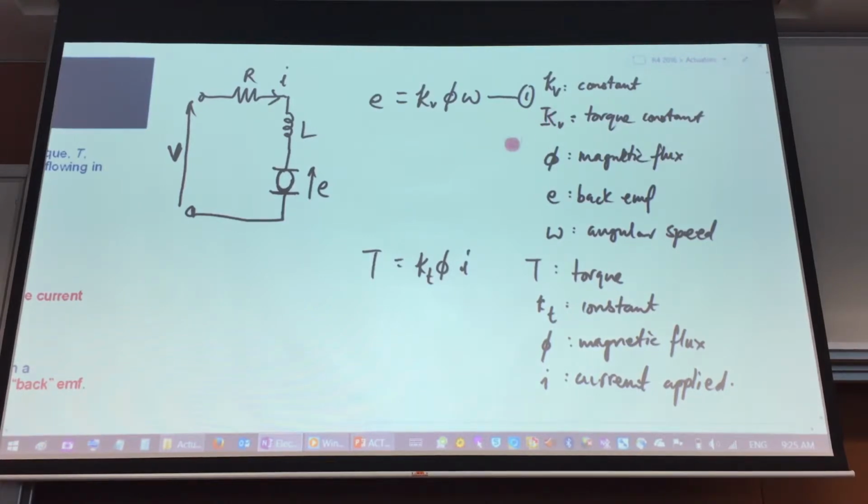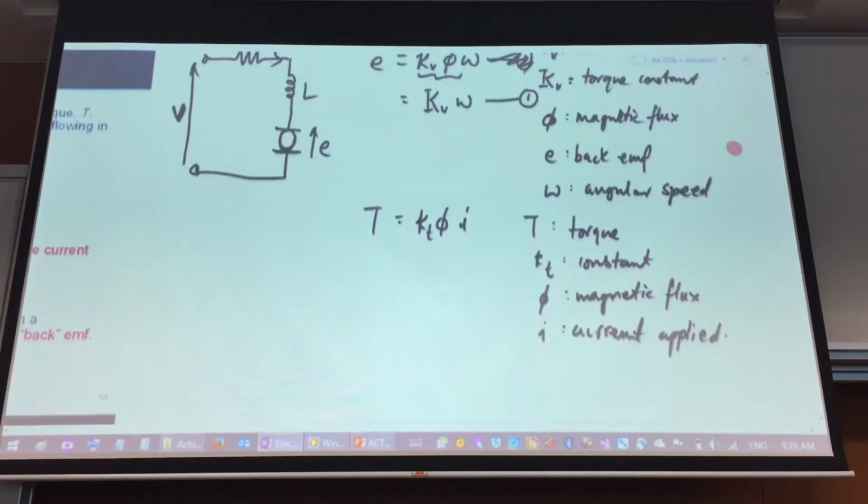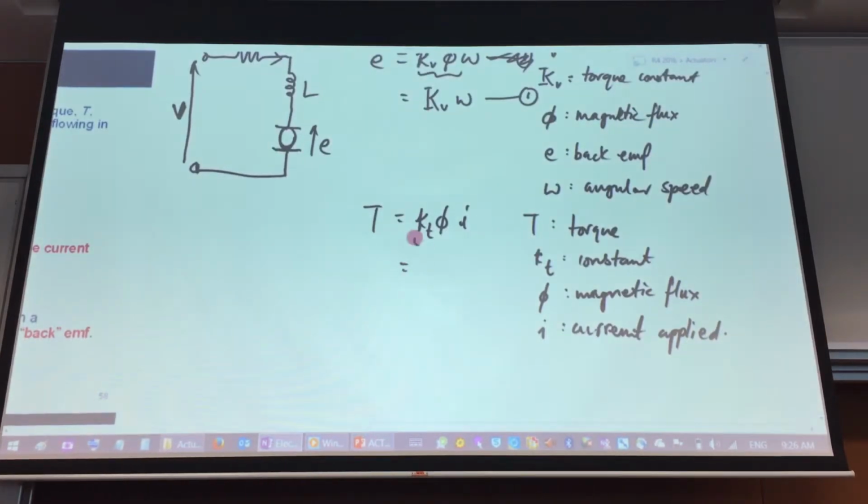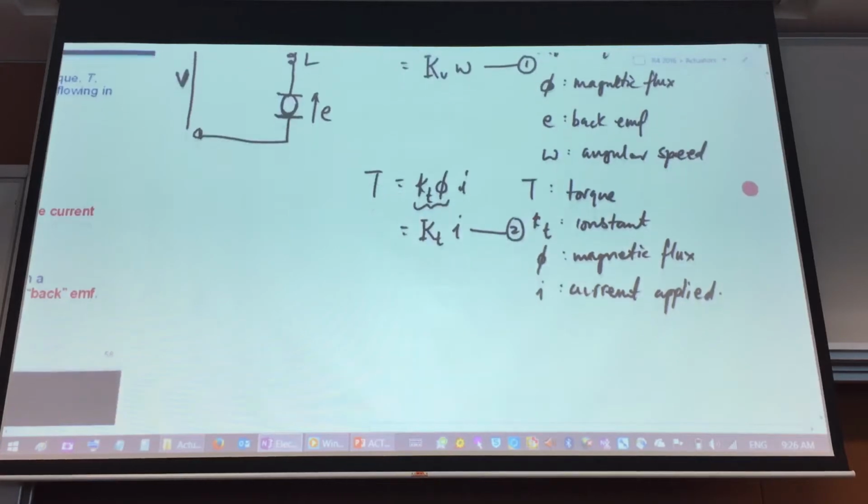And this capital letter K, KV, where did it come from? This whole thing over here is actually capital letter KV, omega. And I call this equation 1. And this whole thing here, I call it capital letter KT, I. And I call it equation 2.